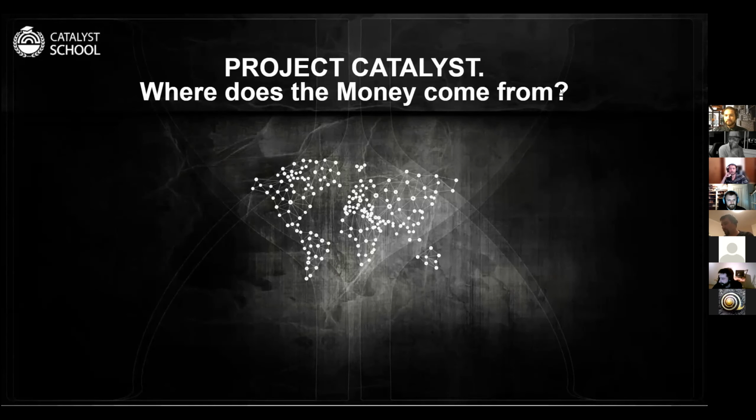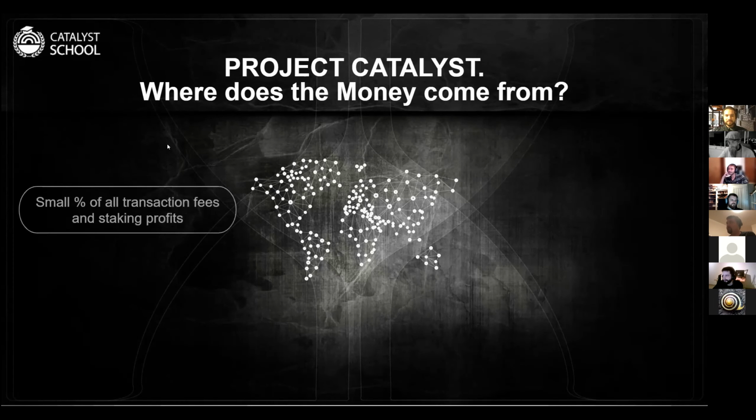So just out of curiosity, since Catalyst is distributing money, this money needs to come from somewhere, right? So where does the money come from in Catalyst? I believe you know that every time you do a transaction in Cardano, you pay a small fee, which is currently around 0.17 ADA.